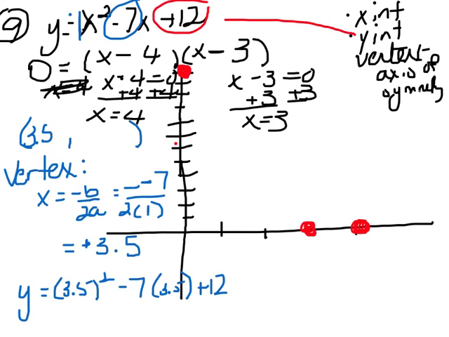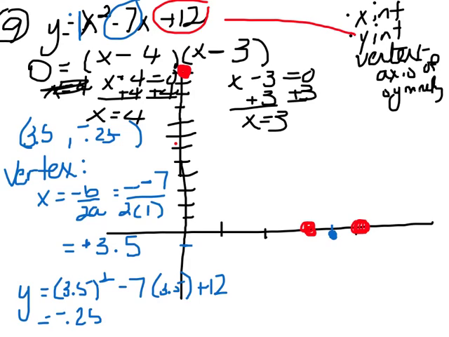I'm typing it in on one line in my calculator, and I'm getting negative 0.25. That means negative a fourth, doesn't it? So my vertex is at 3.5, which would be like here, and then down, negative a fourth would be just about right below there.